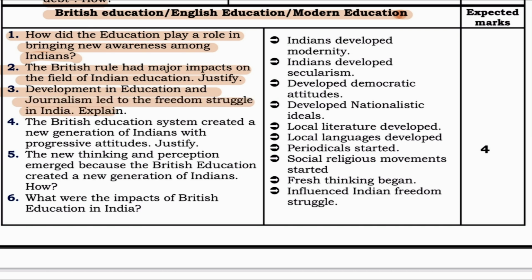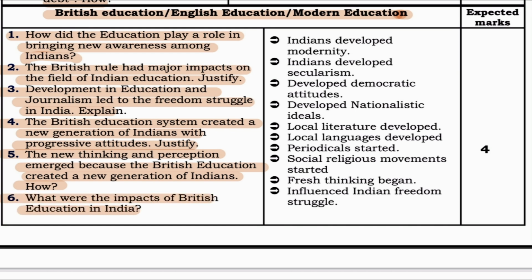Explain. Fourth question, the British education system created a new generation of Indians with progressive attitudes. Justify. The new thinking and perception emerged because British education created a new generation of Indians. How? And the last question, what were the impacts of British education in India?